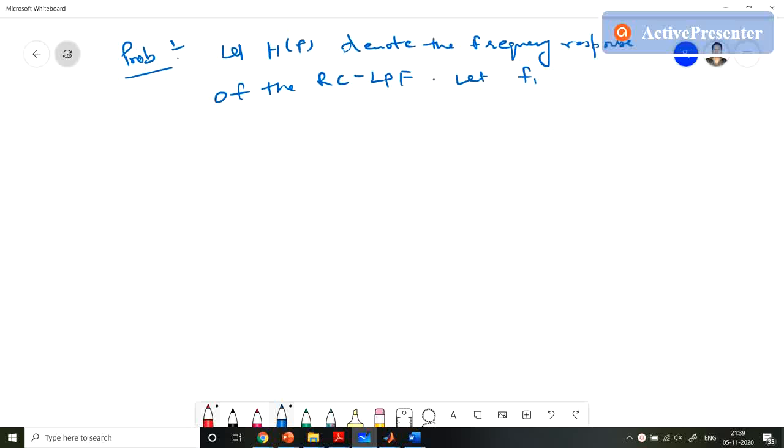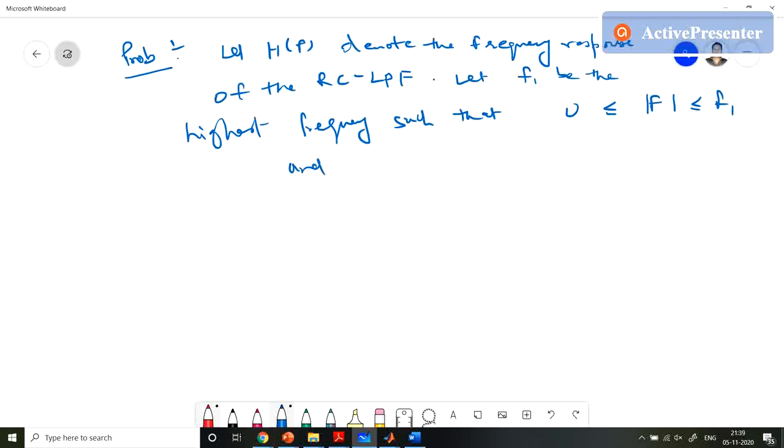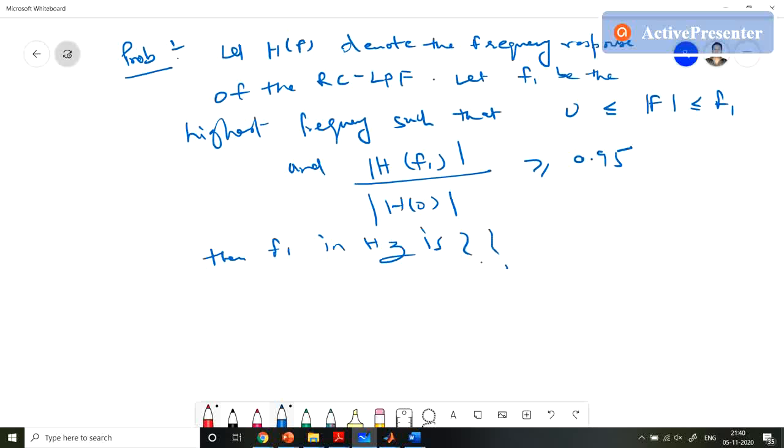Let f1 be the highest frequency such that 0 is less than or equal to modulus of f, which is less than or equal to f1, and modulus of H(f1) divided by modulus of H(0) is greater than or equal to 0.95. Then let us find the f1 in hertz.